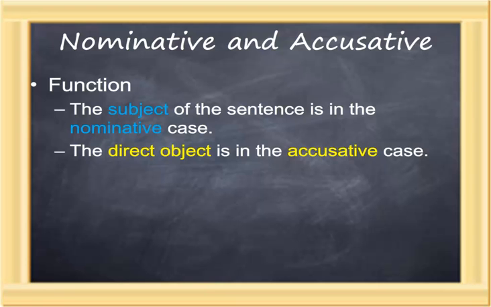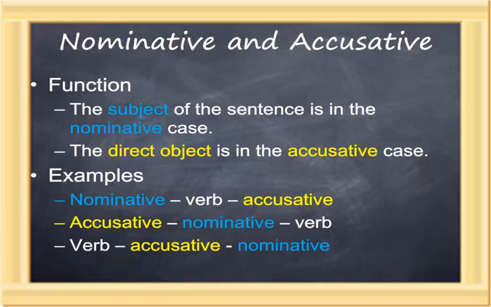The direct object of the sentence is almost always in the accusative case. Now don't worry, those harder cases where it isn't, we'll talk about them much later in the course. For right now, just get into your minds accusative case, direct object. And remember, it is the case ending that determines how a word is used.